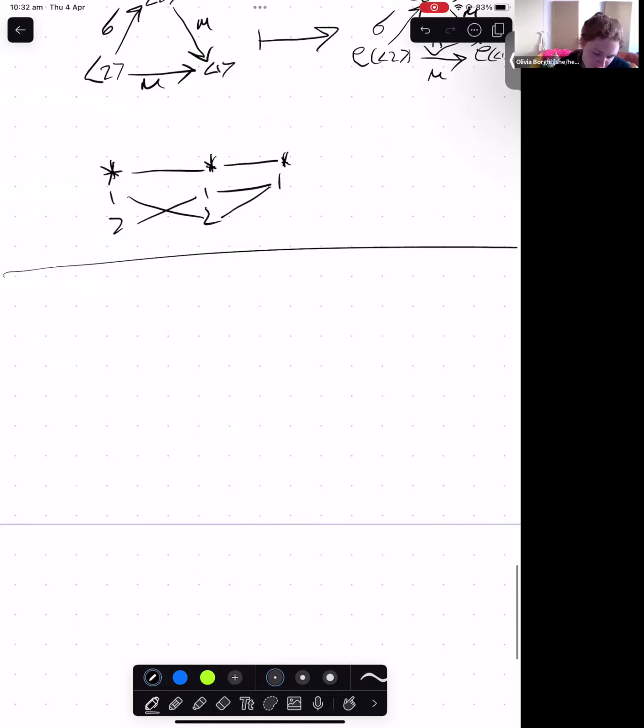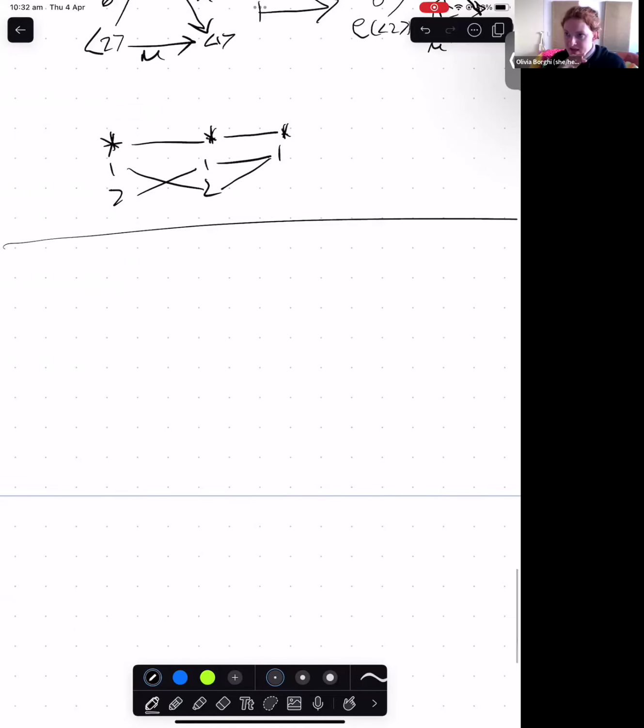Yeah. Okay. So rather than just leaving that as the definition, I'm going to use something called the Grothendieck construction to redefine or repackage this.